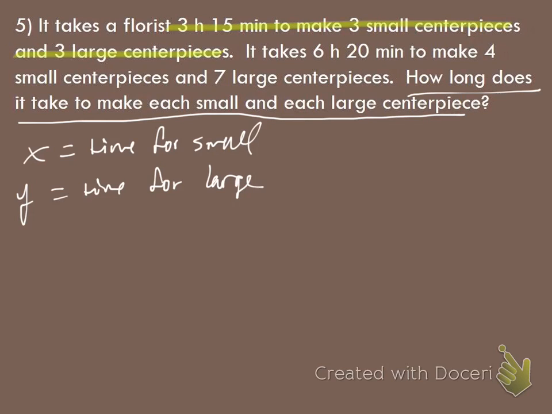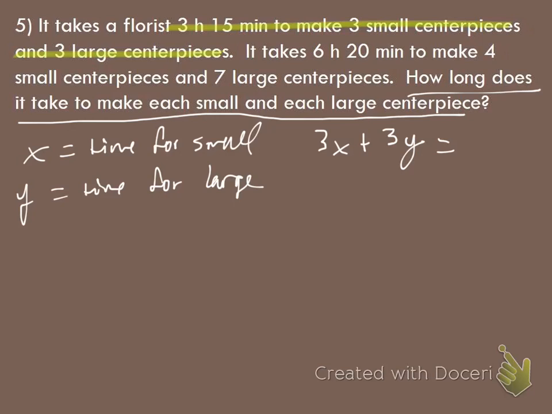So to find out your total time, the 3 hours and 15 minutes, I've got to take the time it takes to make one small one, which is X, and multiply it by 3 since we made 3. And same thing for the large. So 3X plus 3Y. And then it says 3 hours and 15 minutes. Now, it's hard to put 3 hours and 15 minutes into this equation just like that.